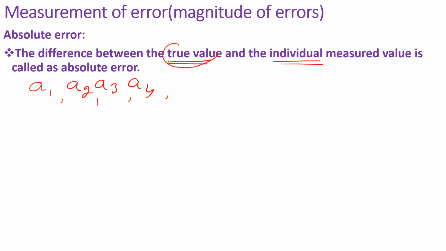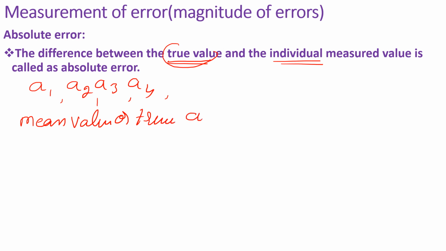Then you take a single value at the end. How do you take that single value? You take the arithmetic mean of all the individually obtained values. That value itself is called the true value, or it is also called the mean value. Mean value or true value, both are one and the same.